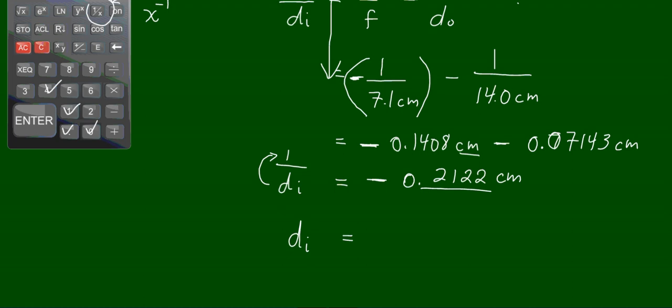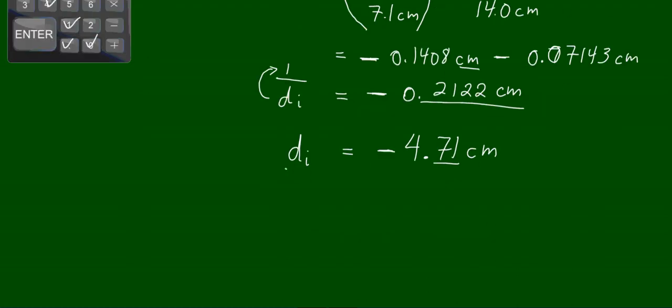And once again, I can do that by entering into my calculator 0.2122, once again for the final time, pressing the reciprocal button. And when I press the reciprocal button, I find out that the reciprocal, or inverse if you want to think of it that way, of 0.2122 centimeters is negative 4.71 centimeters taken to 2 decimal places of precision.